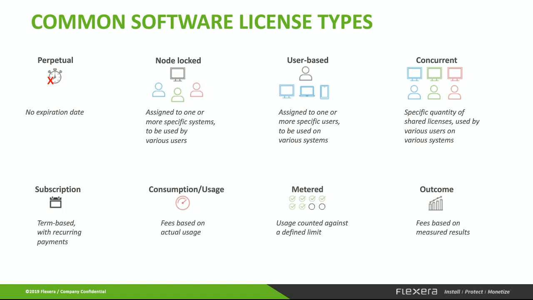So there could be an arrangement where the software can be used a certain number of times per day, per month, whatever it might be, and each time somebody initiates use of it, we count that against some sort of meter. Outcome licensing is one that also has some future potential where fees are based on some measured results. So if we're looking at a solution that is supposed to deliver an increase in productivity, the fees that are paid are actually measured against what that actual productivity increase turned out to be.